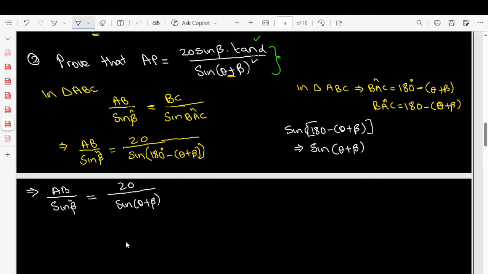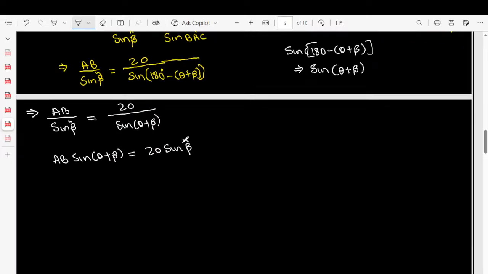This makes sense, né? Now we can cross multiply and say AB times the sine of theta plus beta will be equal to 20 times the sine of beta.